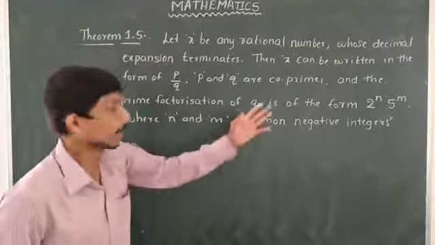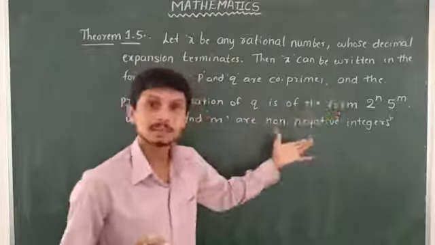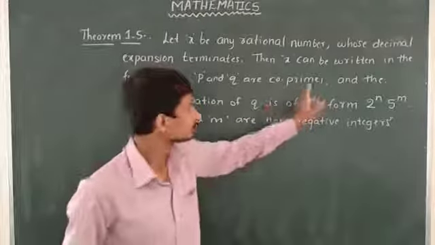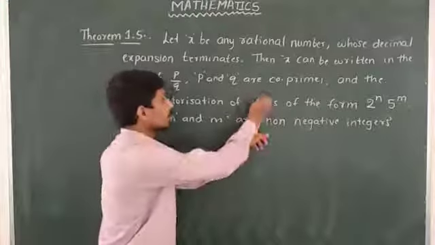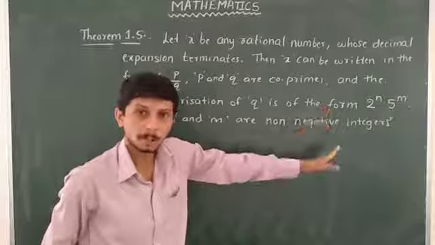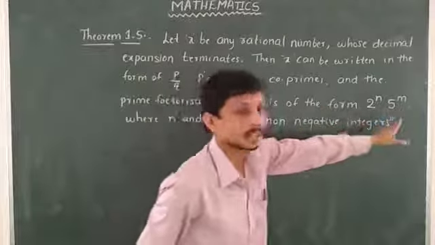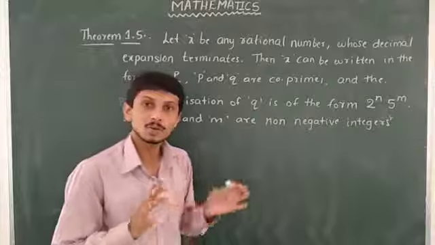The very important part of this statement is the prime factorization of q, that is the denominator. The prime factorization of the denominator can be of the form 2 raised to n, 5 raised to m, where n and m are non-negative integers.